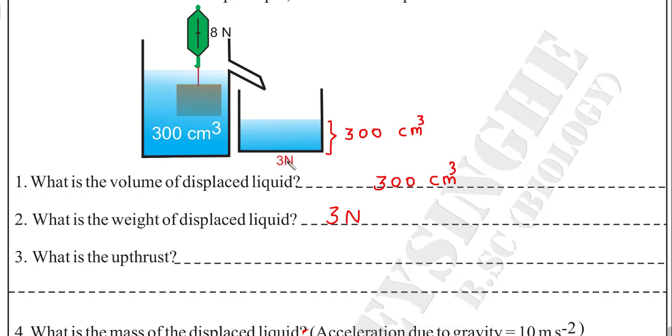Because we check whether you have got the concept. Upthrust equals the weight of the displaced liquid. It's 3 Newton, children. And please refer to last week's lesson also, children. From the beginning, little by little, I'll explain. We get the displaced liquid weight equals the upthrust.